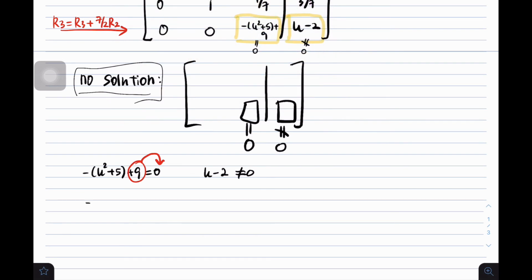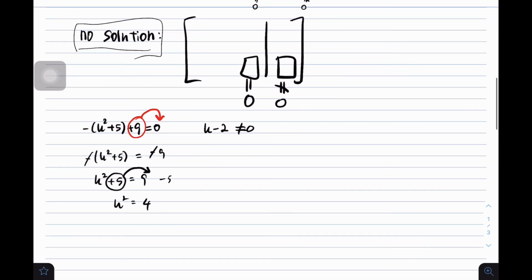So you have negative k square plus 5 equal to negative 9. Negative and negative you can cancel out, so you have k square plus 5 equal to 9. Plus 5 bring to the right, you will get negative 5. So k square equal to 4. Therefore k will be positive and negative 2.